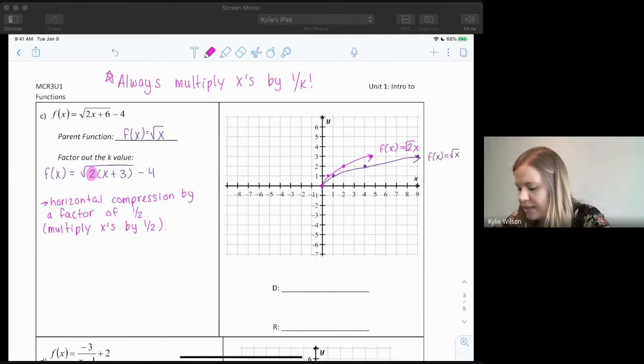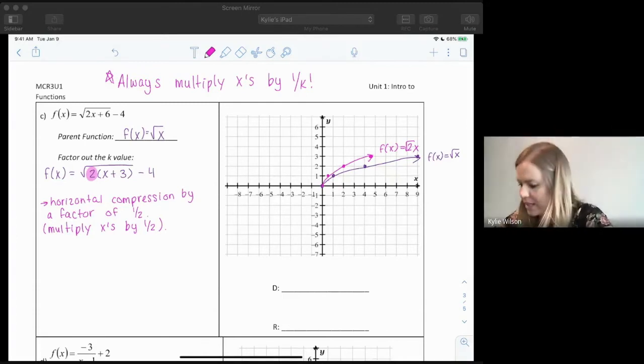My x in the purple dot was already 1, so when I multiply 1 by a half, it moves over to a half. Same with the 4, when I multiply that by a half, it goes to 2. And same with the 9, when I multiply it by a half, it goes to 4.5. Does that clear that up?